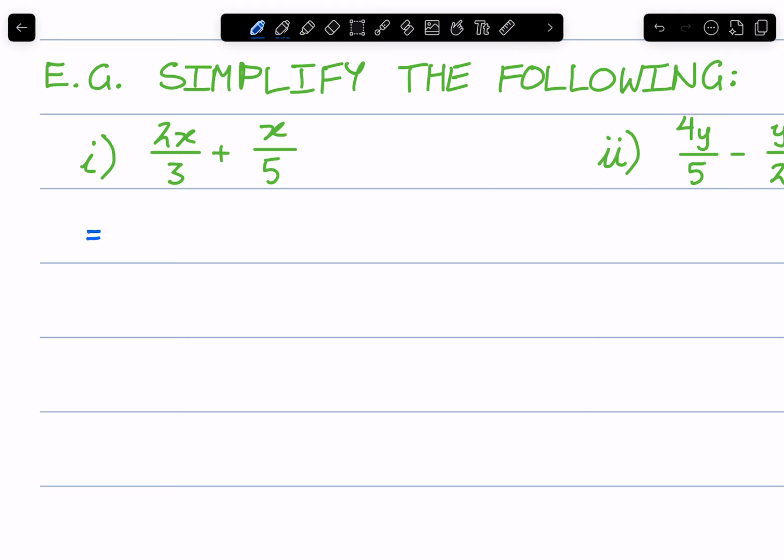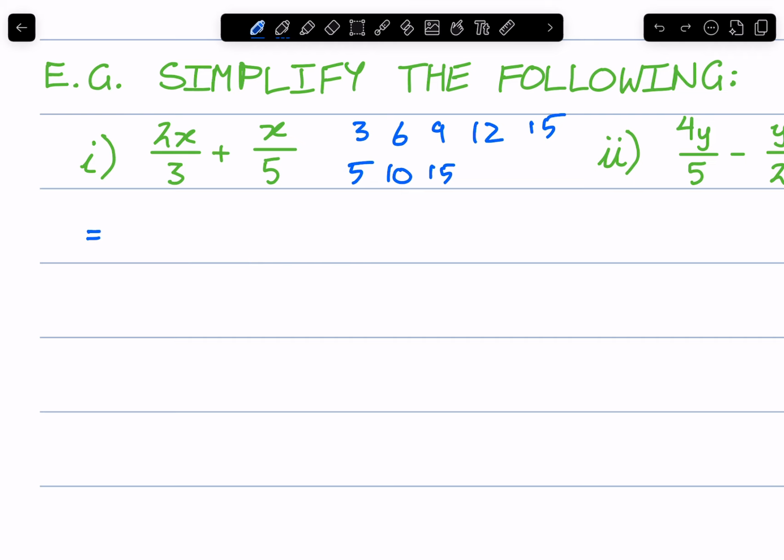If you just do the multiples of 3, it'll be 3, 6, 9, 12, 15. And the multiples of 5 are 5, 10, 15. As you can see, the lowest common multiple is 15. So we would write one big fraction. Actually, no, let's do it two different ways.